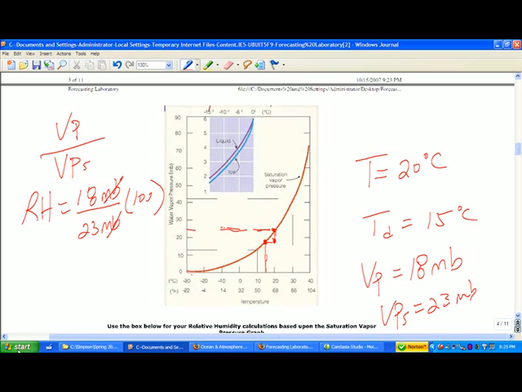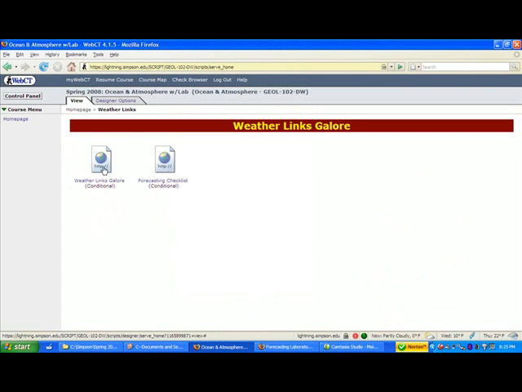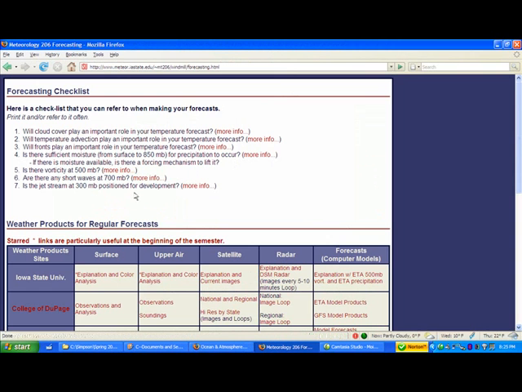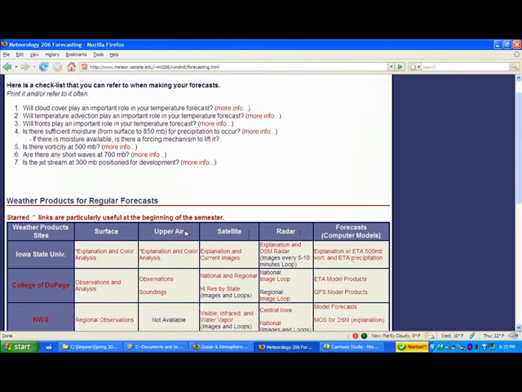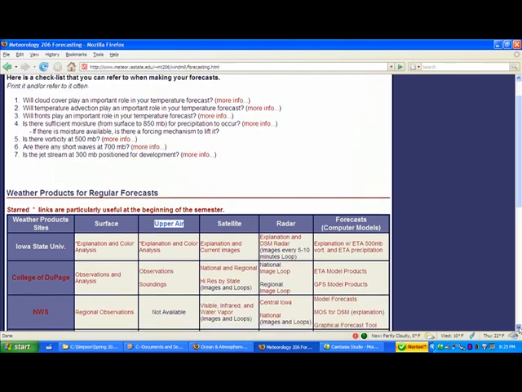But the question you may have is, where do I get the temperature and dew point? If I'm going to use this saturation vapor pressure curve to calculate a dew point, recall, we'll go back here to forecast weather links galore. And recall I went to upper air since I'm looking at 850 millibar temperature and dew points.